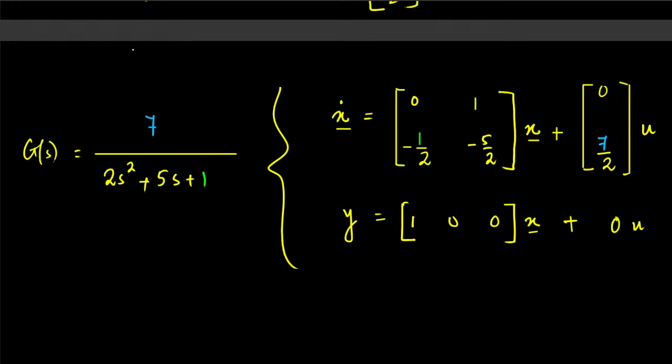And you see these 2 everywhere. So this 2 is actually here, also here, also here. The point I'm trying to take home is that you can look at a transfer function and construct the state space model yourself without doing much of any calculation.